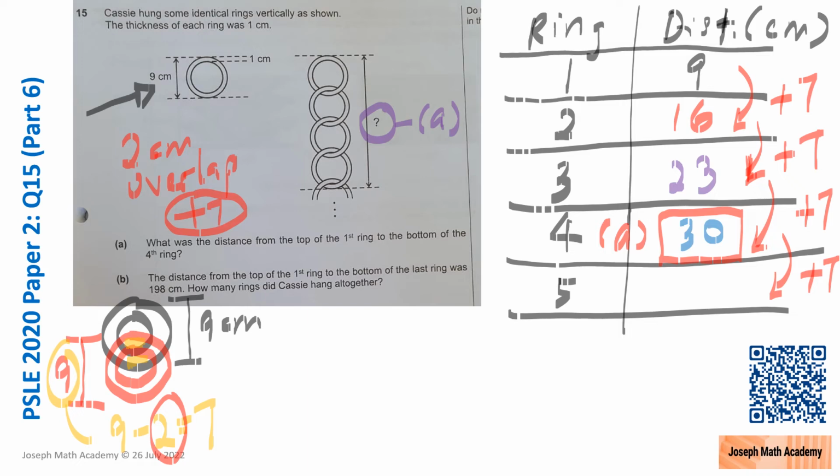What about part B? Part B is asking you, how many rings did Casey hang altogether? So what is this question mark? To get a total distance of 198 cm, that means we have to keep on adding 7, keep on adding 7.